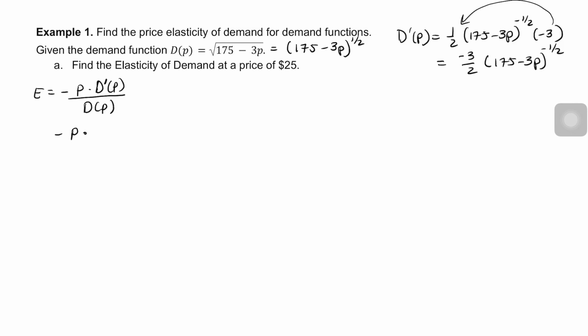So let's replace this part of the function with this. We have negative p times negative 3/2 times the quantity 175 minus 3p raised to the negative 1/2, all over D of p, which we know is 175 minus 3p raised to the 1/2.